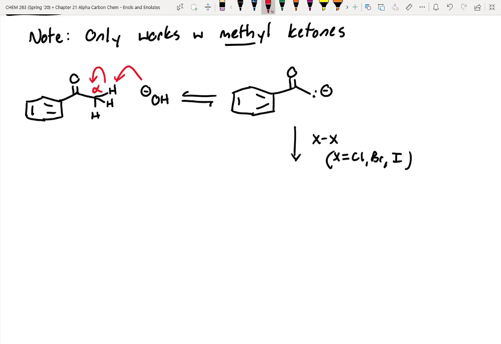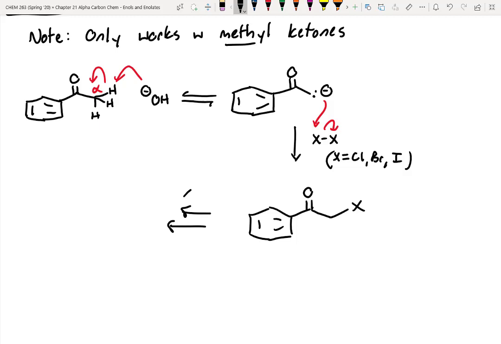And what we do next is we just have this react and kick off our leaving group. And then we're going to repeat this 2 more times with the remaining 2 alpha protons. And we should be able to get 3 halogens installed off of that methyl position, right?